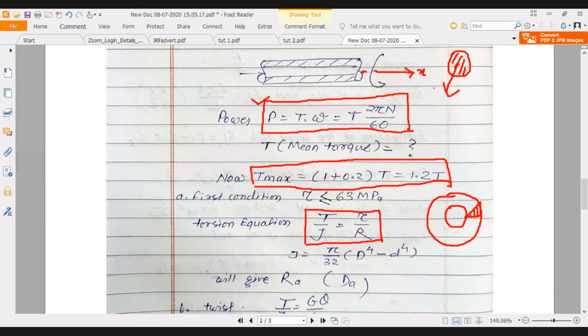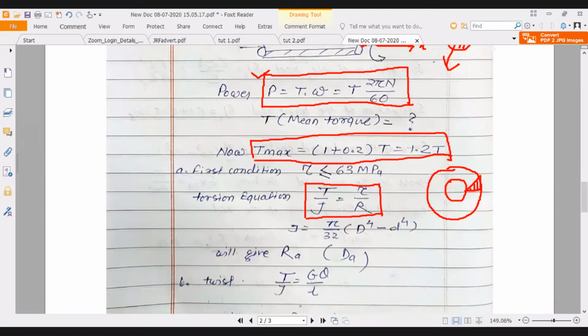So how will you calculate the J, just by this formula, pi by 32 times D to the power 4 minus small d to the power 4. So now in this relation, this T is T max actually. This is T max, not T mean, and this tau is maximum 63 megapascal.